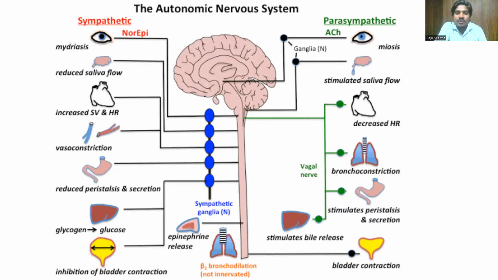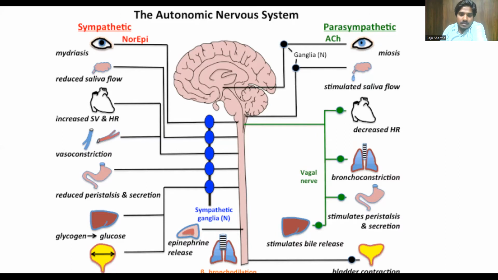So why you feel yawning? So that our breathing rate will increase, our bronchioles will dilate. Okay, so overall these are the changes that occur due to sympathetic and parasympathetic nervous system. ठीक है, is it clear?